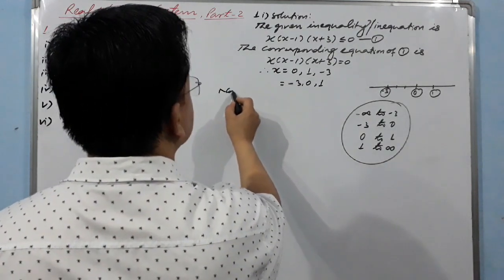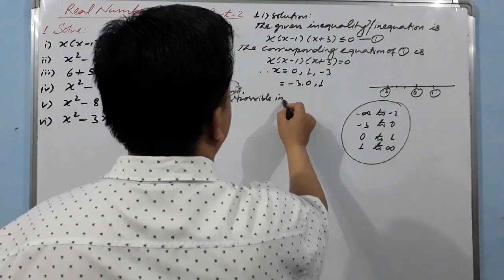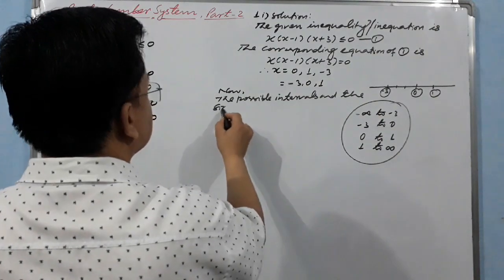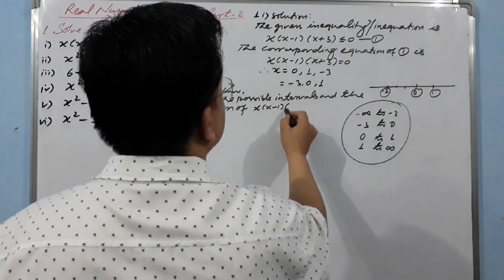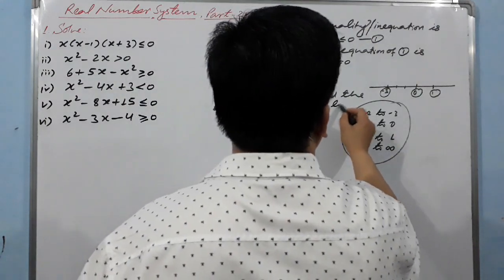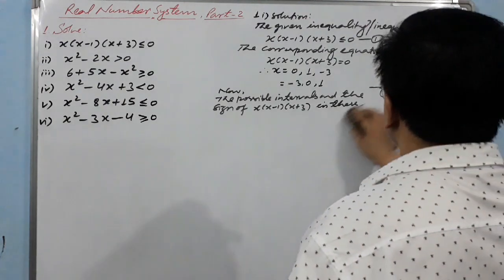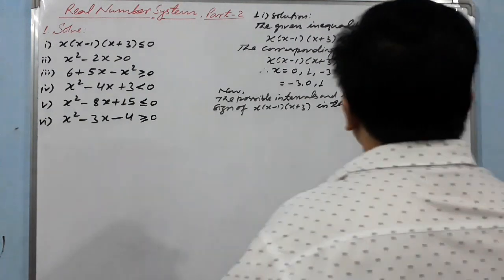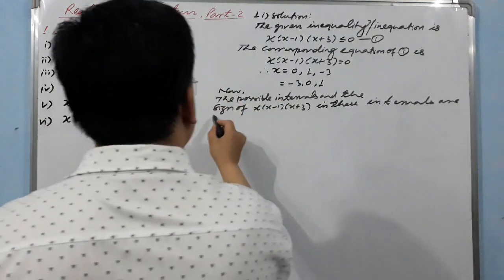The possible intervals and the sign of the left part of the inequality, (x minus 1)(x plus 3), in these intervals are given below.